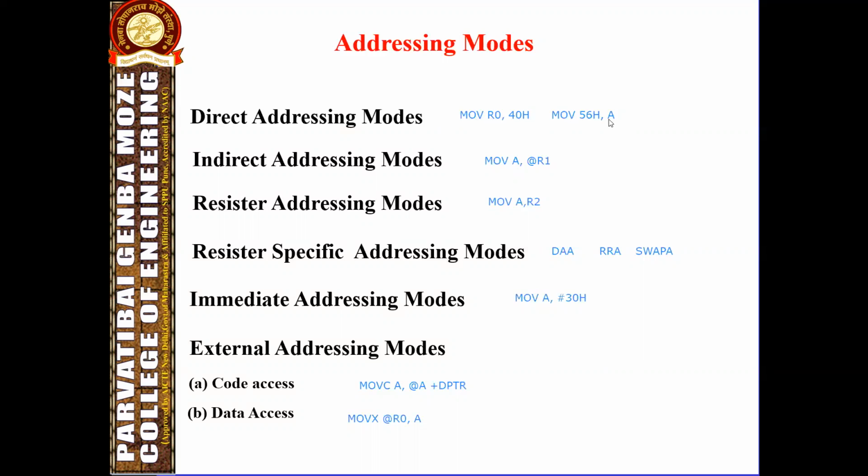And here, the data present in the accumulator will be stored at this particular memory location. 56 is the address of the memory location. In that memory location, the data present in the accumulator is moving.